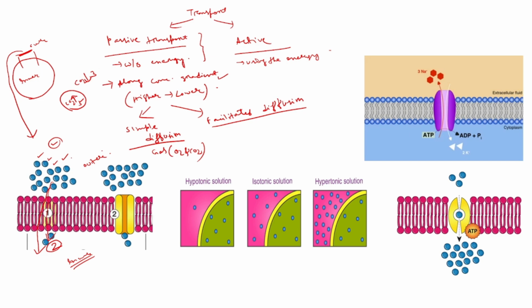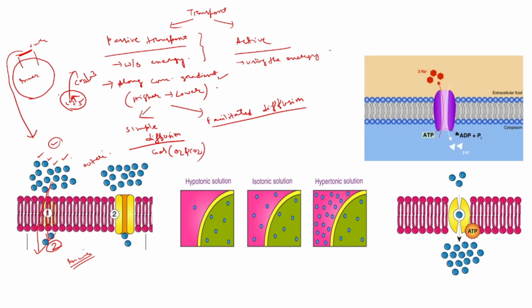That means more carbon dioxide is present inside. Now the carbon dioxide transports from the higher concentration to the lower concentration, along the concentration gradient, from the inside to the outside.